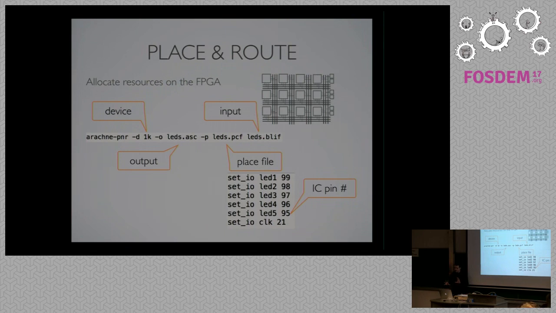So it will try to assign each gate to the logical blocks of the FPGA and to route all the nets. But it's a little bit technical. It's done completely automatically. And if it works, you're okay. And usually it works.